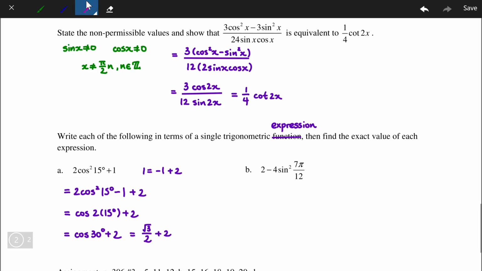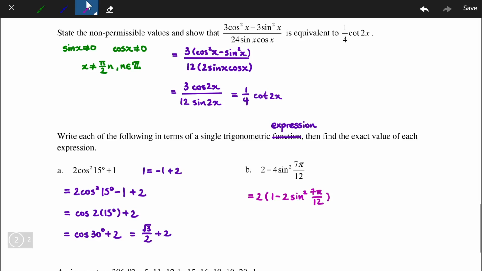So for the second part here, we can simply factor out the 2, and then we're going to have 1 minus 2 sine square 7 pi over 12. So that's the first step. Second step here, notice that we have the 1 minus 2 sine square 7 pi over 12.